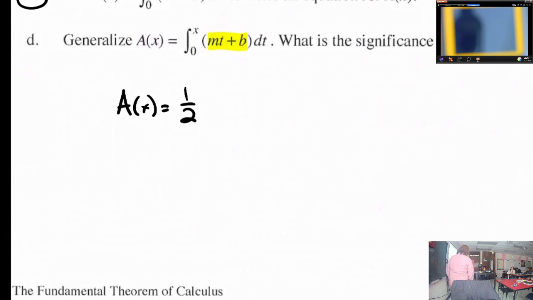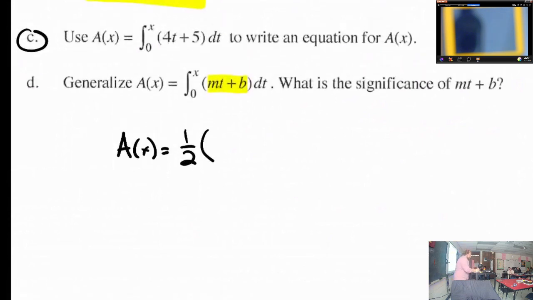Now, the first piece of this challenge is not going to be as easy as we think it is, because the last problem we had 5 the whole time. It was always 5 at the front of that thing. So a good question right now is, what's a reasonable guess for what the left endpoint would be in a general mt plus b?